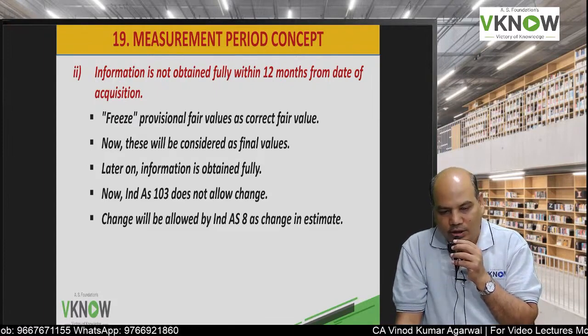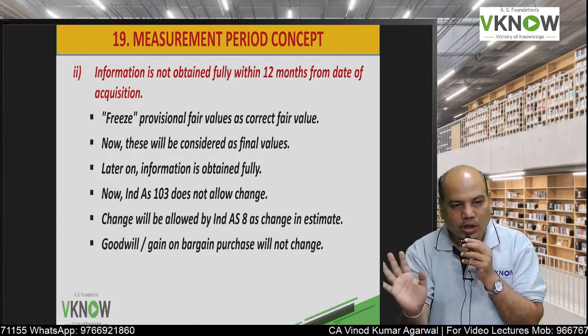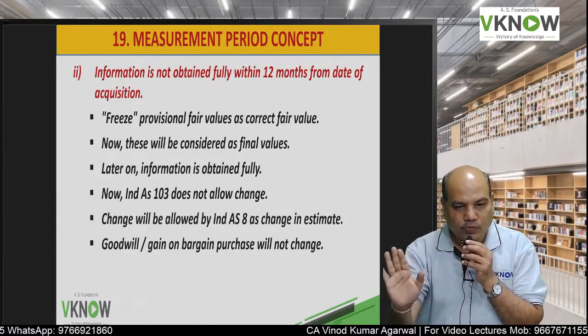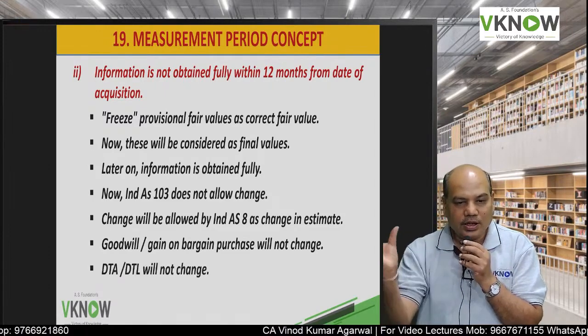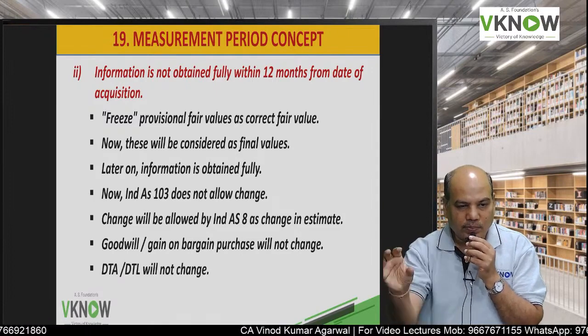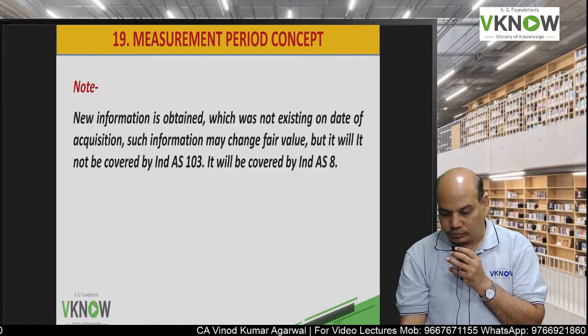Under IND AS 8, you can make the changes. Now you are not allowed to change the goodwill or gain on bargain purchase. The DTA, DTL which you had recognized earlier in business combination, that will not change.